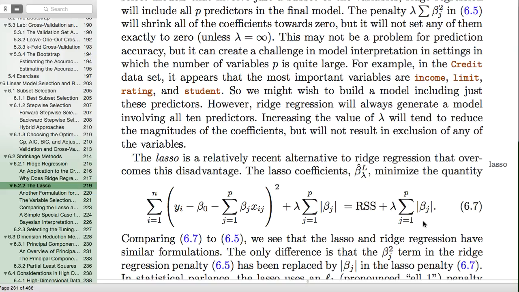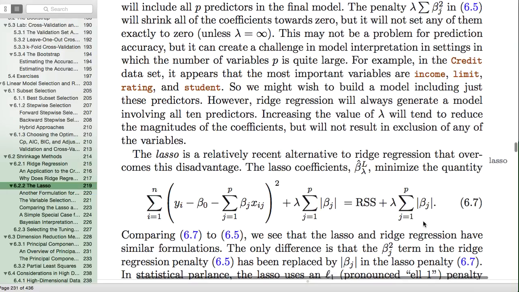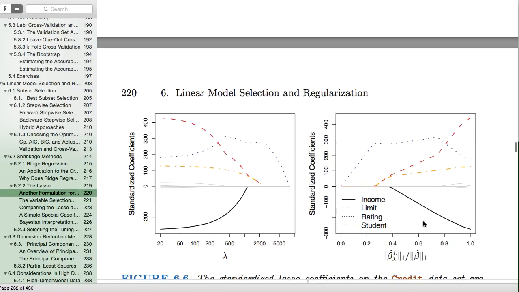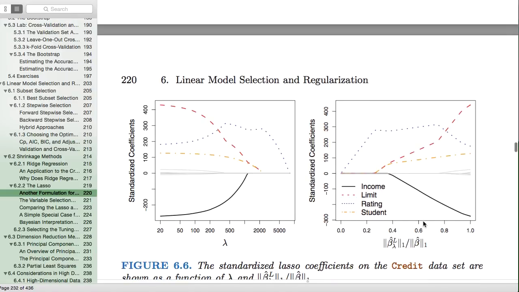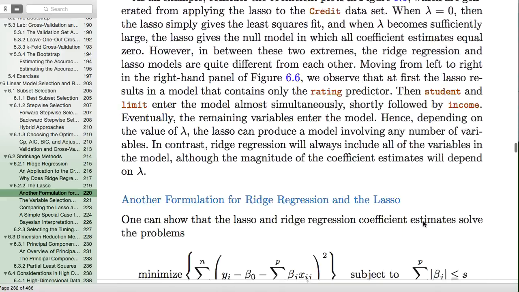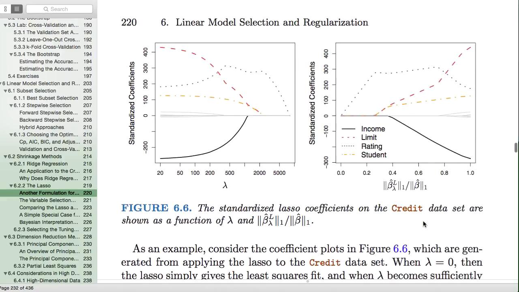So the lasso is superior to ridge regression in situations where you have some predictors that you know are really irrelevant or that you suspect to be really irrelevant. Again, that's difficult to know a priori. But the lasso, there's an example here. This is the credit data.